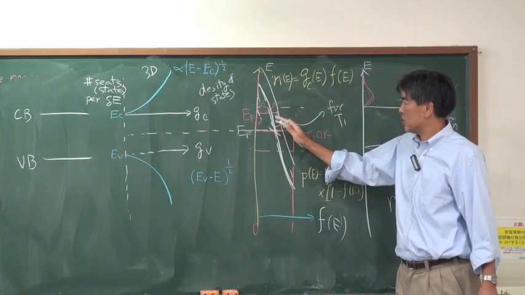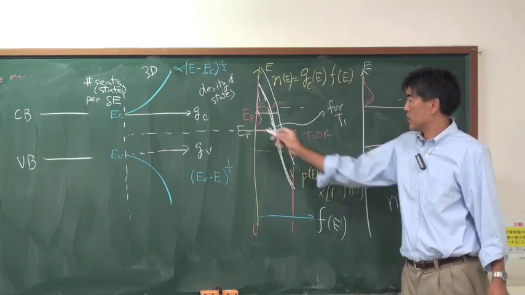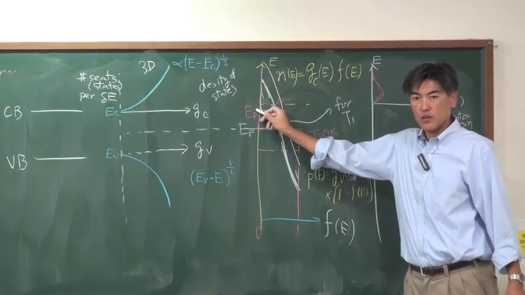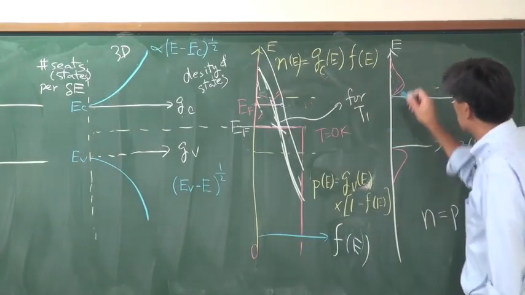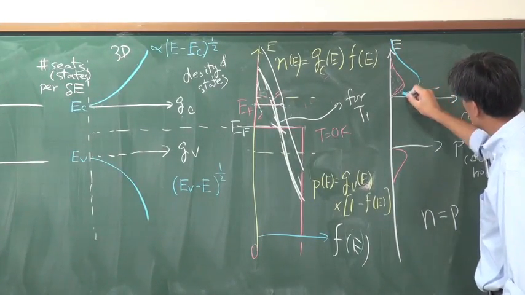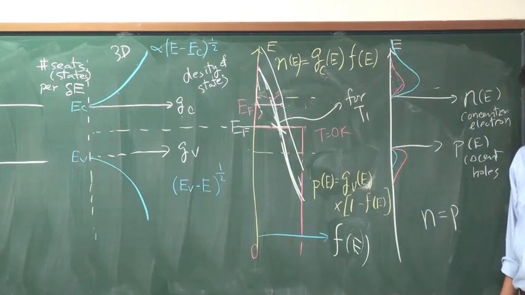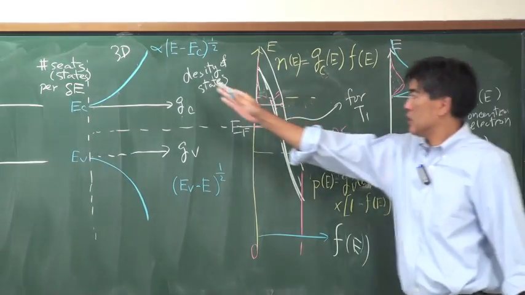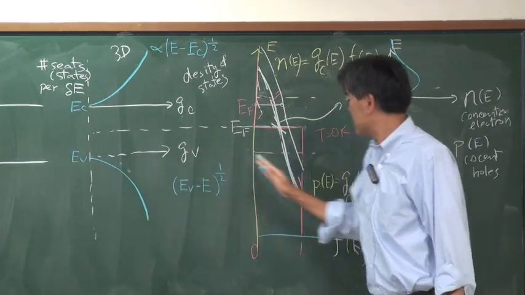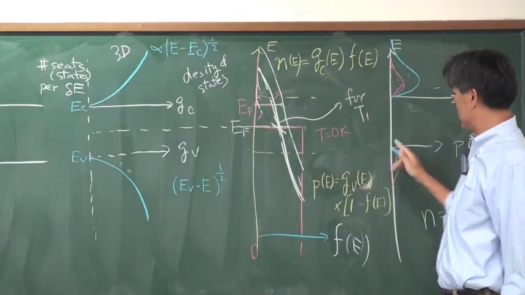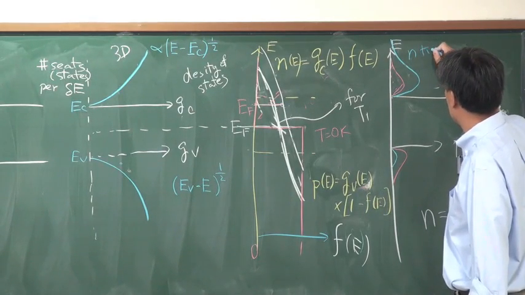This is shifted to the Fermi level here, because the Fermi level is now close to the conduction band. And in this case, this becomes larger, and this becomes much smaller. So that is the case for an N-type semiconductor.